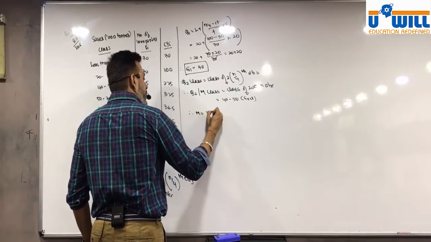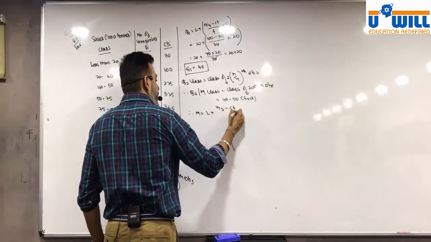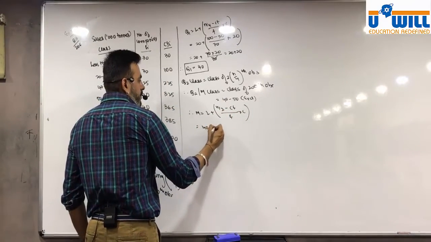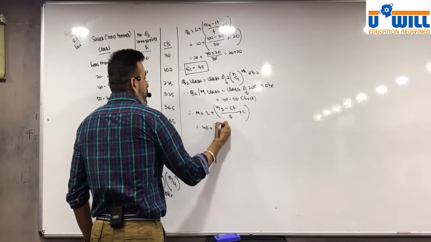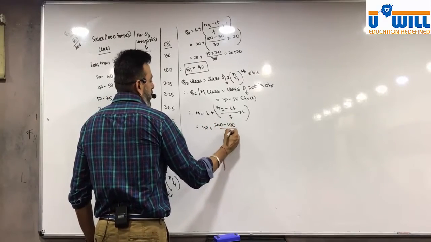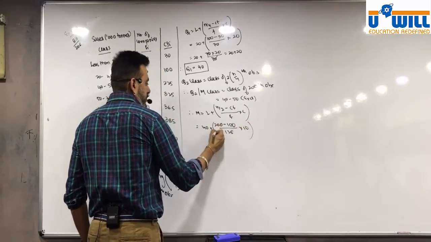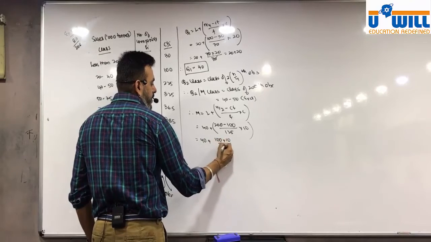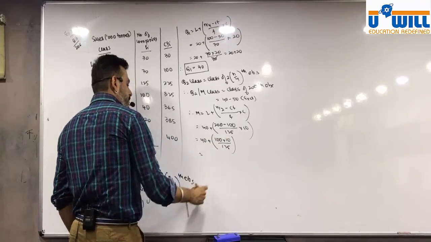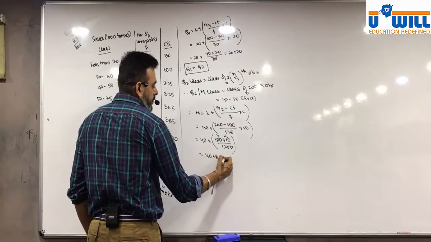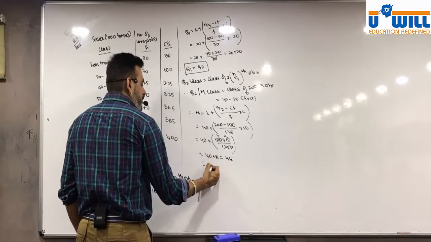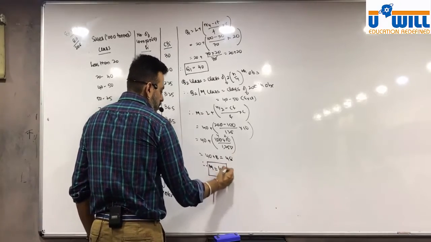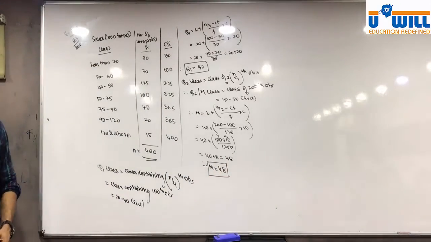M is equal to L plus n by 2 minus CF upon F into C, which is 40 plus 200 minus 100 upon 125, class length 10. 40 plus 100 into 10 by 125. 40 plus 8, which is equal to 48. Therefore, median is equal to 48, or Q2 is equal to 48.